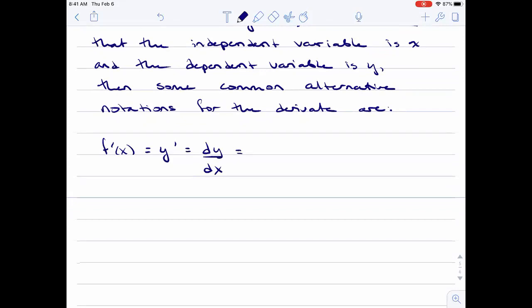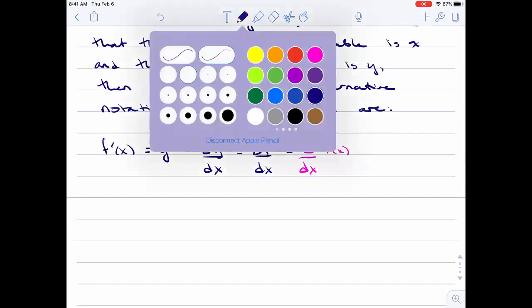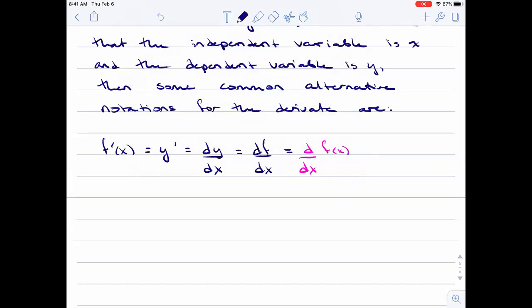Or if we want to talk about the function f, then we can have df dx. Most commonly, we're going to use this little guy, d dx of f of x. So that's saying take the derivative.